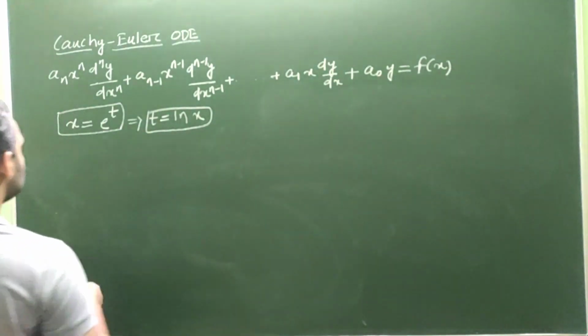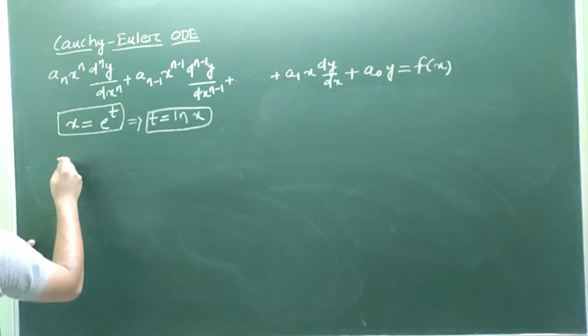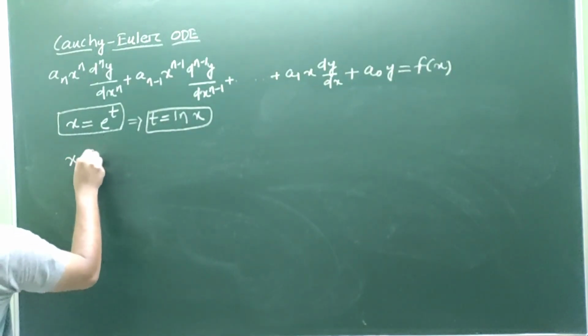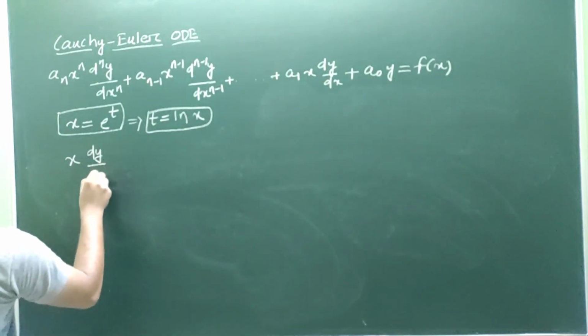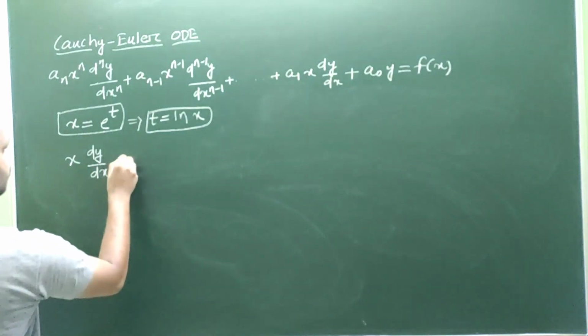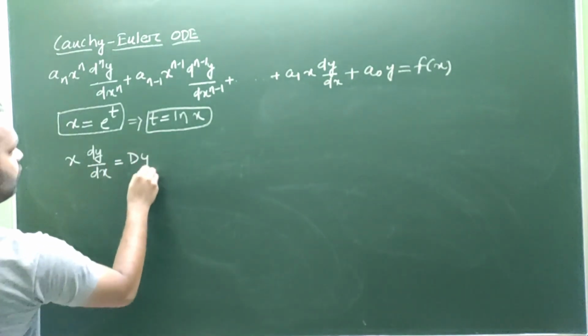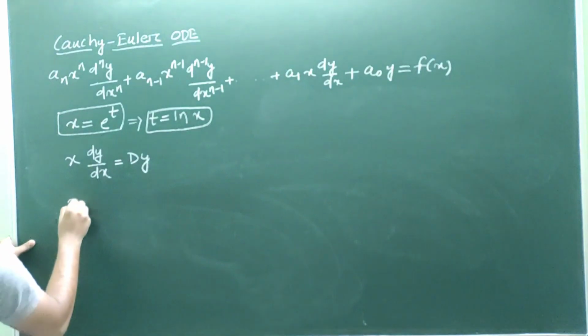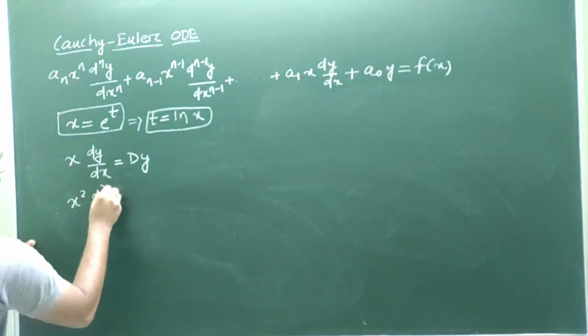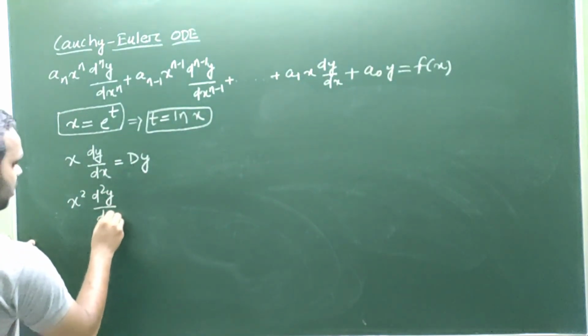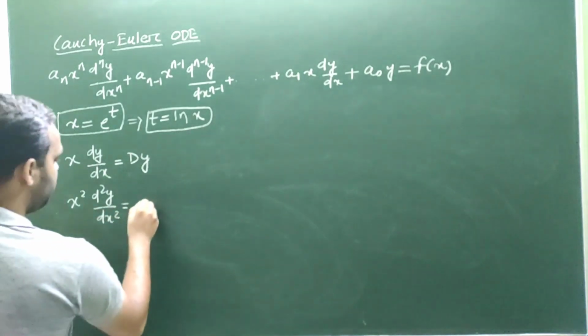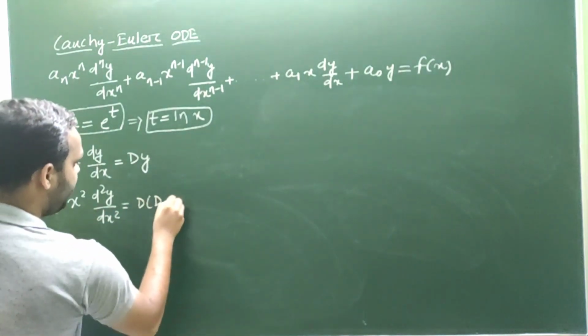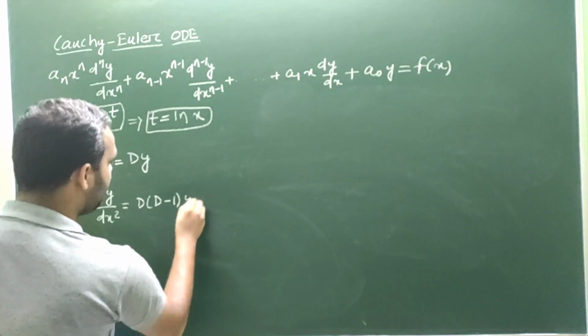Okay. So what we got in the first case: x dy by dx gives you capital D of y. Then x square d square y by dx square is equal to D into (D minus 1) of y.